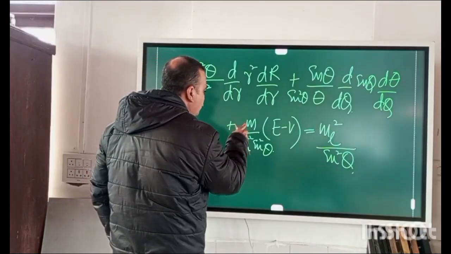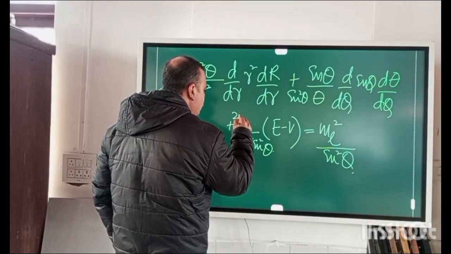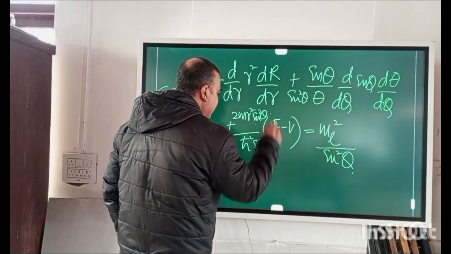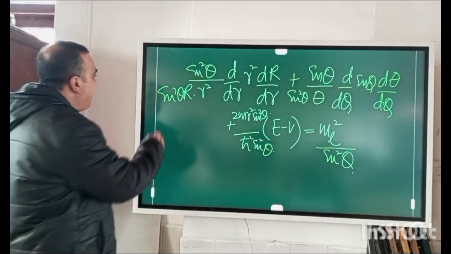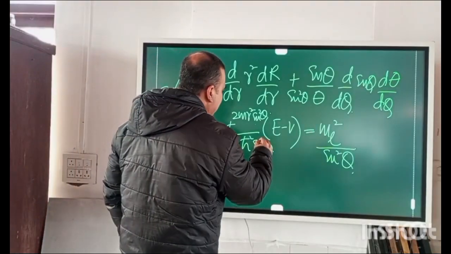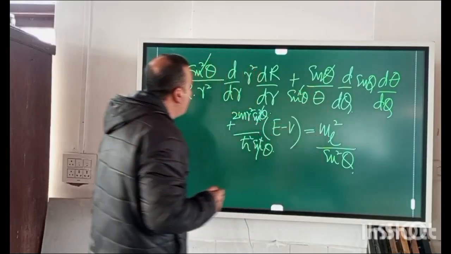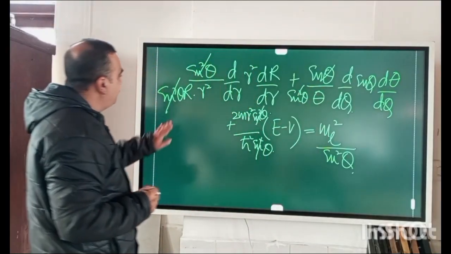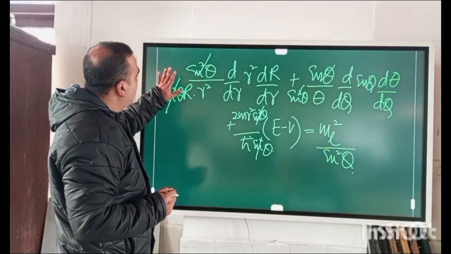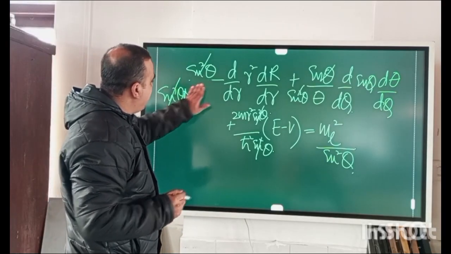Here it is 2m r square sine square theta. So you will have cancellation, sine square theta and sine square theta will go. So what we will be left with is sine square theta. So here there is no r square.